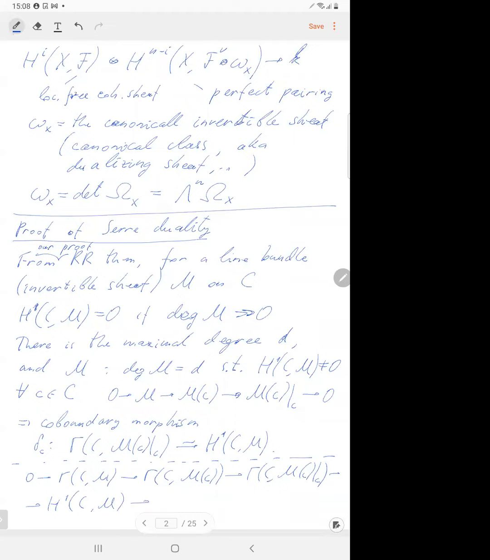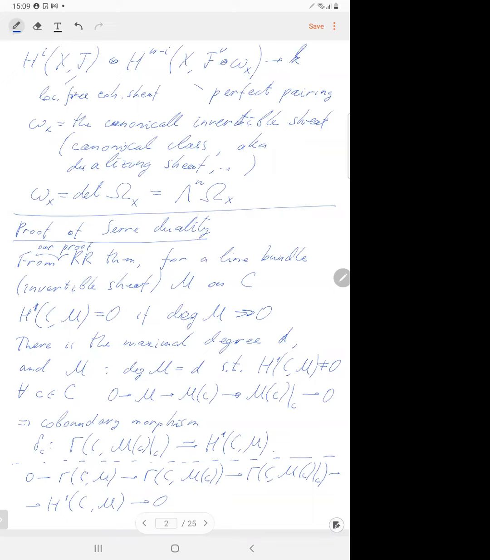Okay, and then this is 0, so we know that it's surjective, and if it has a kernel, then the global sections of the twisted sheaf is bigger than the global sections of M, right?